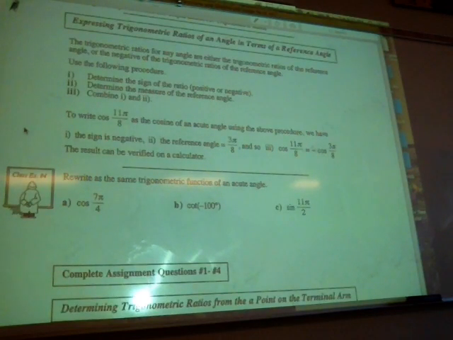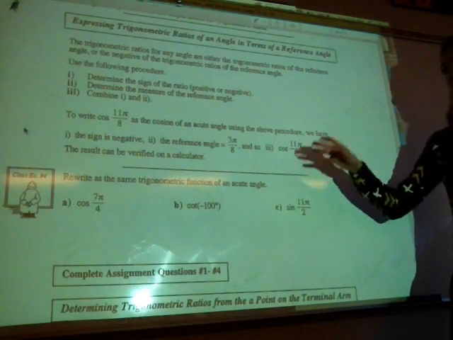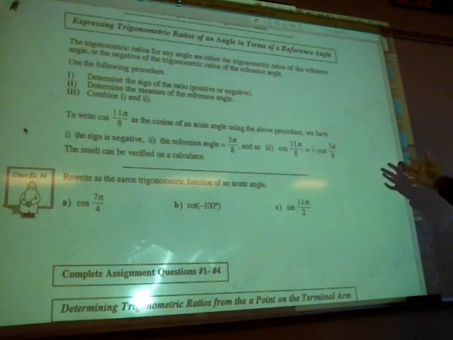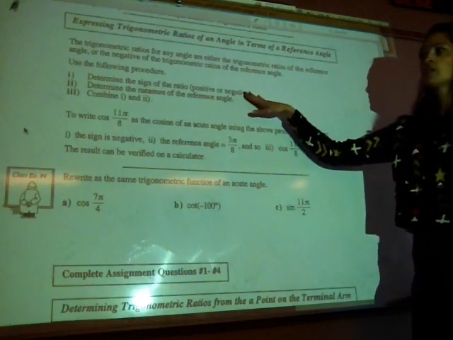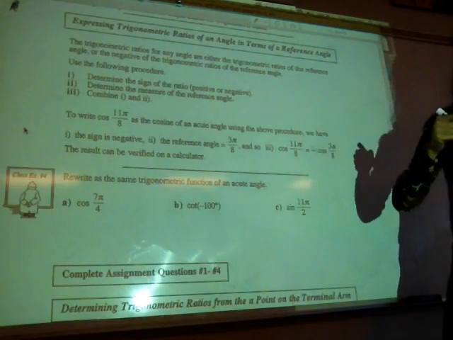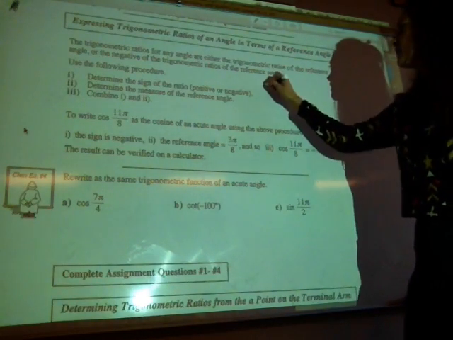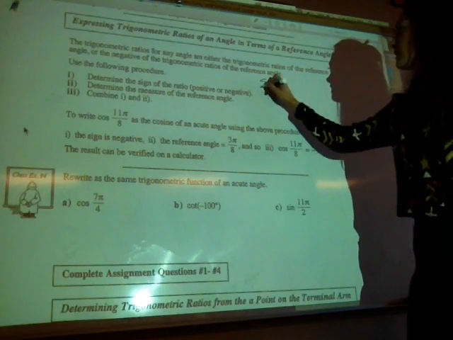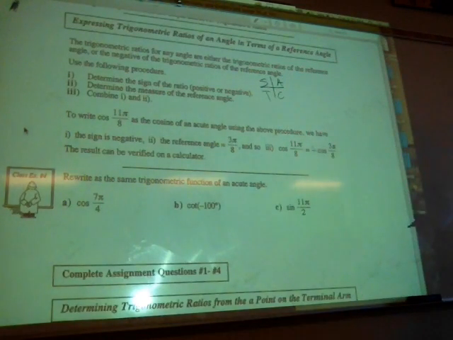So trig ratios for any angle are either the trig ratios of the reference angle or the negative of the trig ratios of the reference angle. To figure out the same trigonometric function using the acute angle, first we use the CAST rule to figure out whether the ratio is positive or negative.